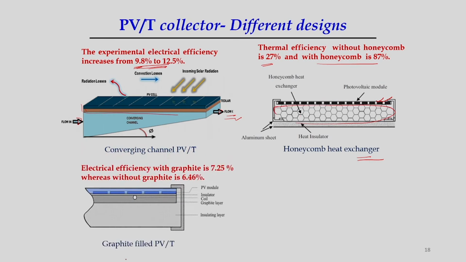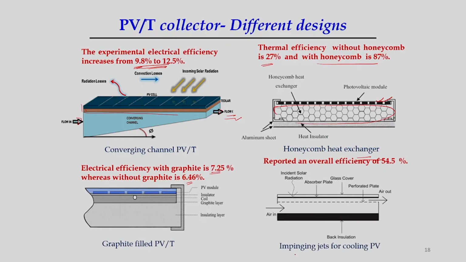Another configuration is graphite filled PVT. Here, electrical efficiency with graphite is found to be about 7.25%, whereas without graphite it was about 6.46%.